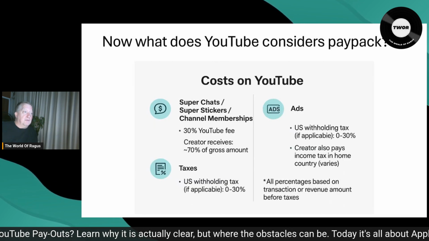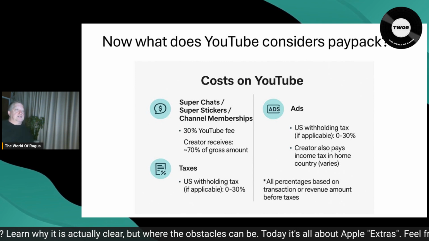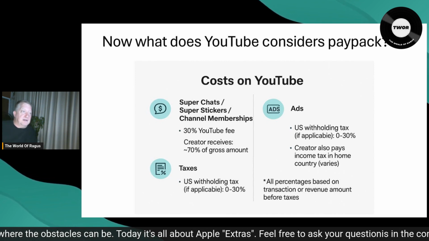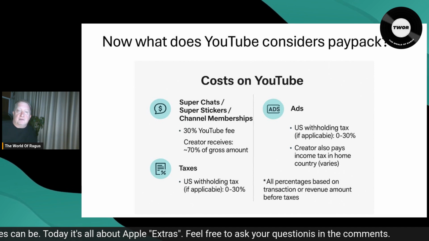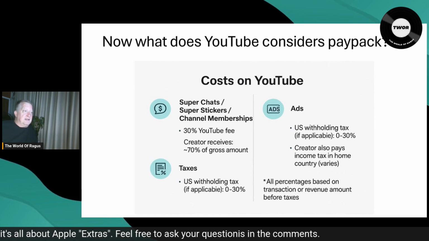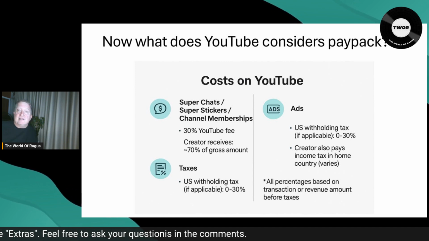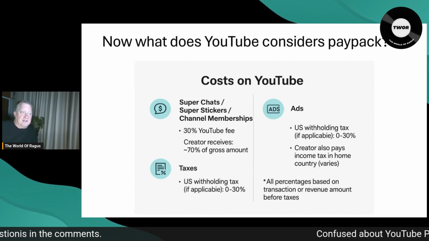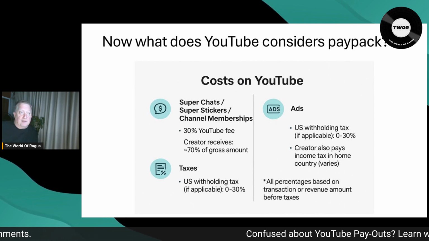Now, to give you a little overview on this and how that works. Costs on YouTube, super chats, stickers, channel membership, they deduct you 30%. It's a crystal clear thing. They know how that works. And you get 70% out of that, minus taxes, obviously. Taxes, again, applicable to the country where you live in.